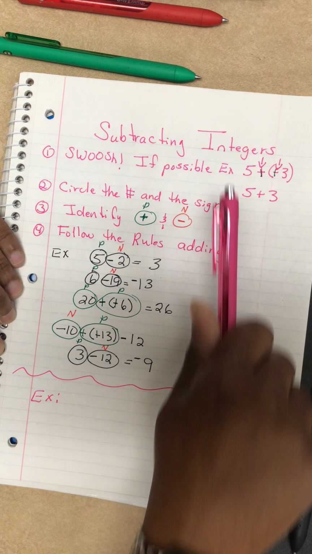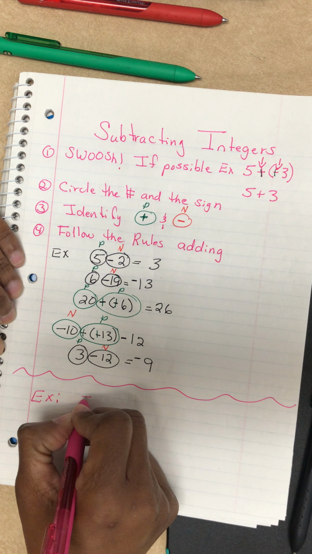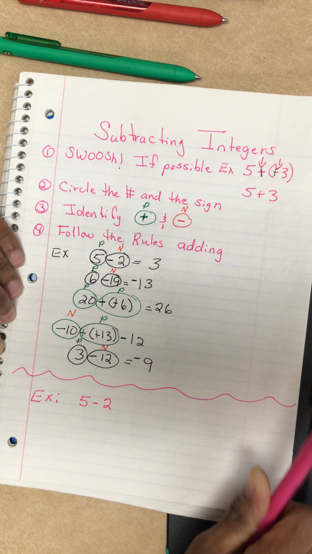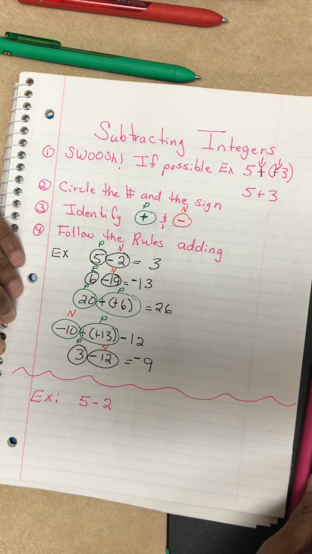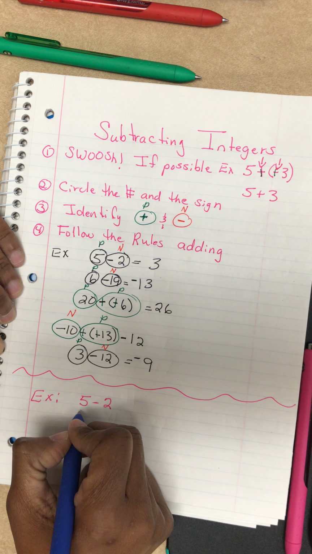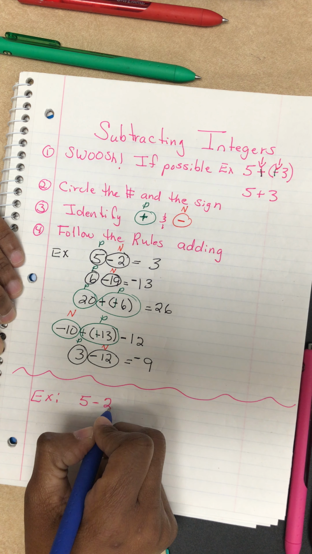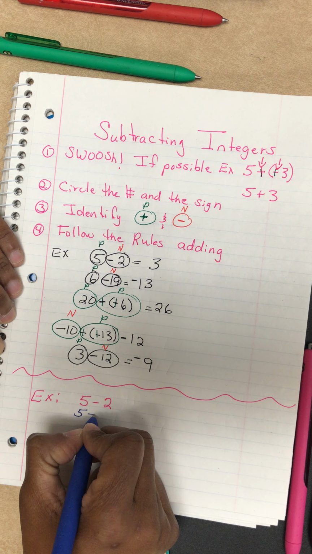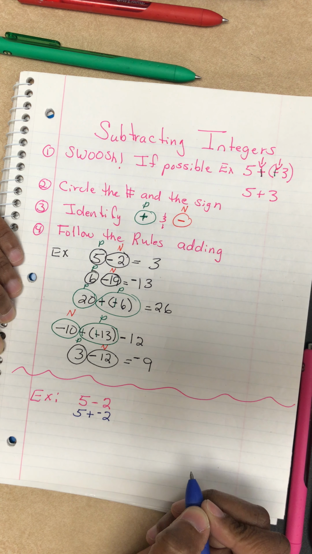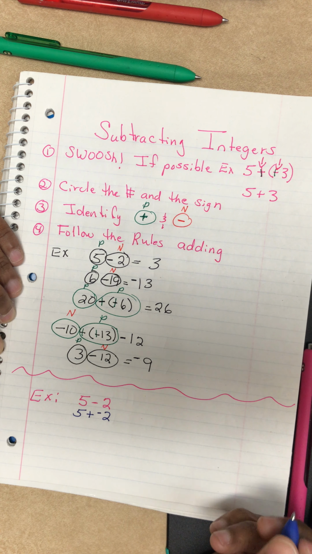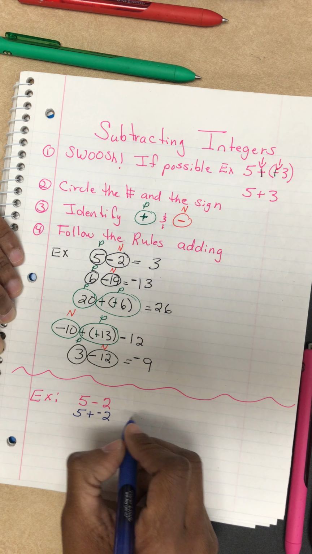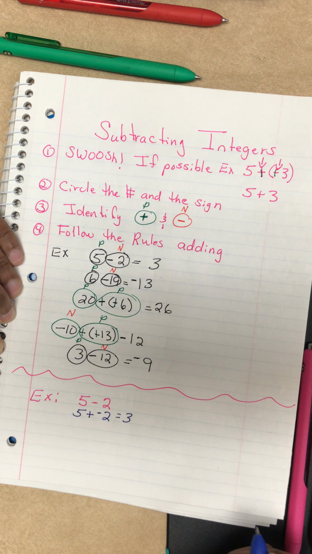If you have 5 minus 2, you can rewrite it as an addition problem, and the number that comes behind it, you're going to add its opposite. So you will have 5 plus negative 2. Then you go back to the adding rules: 2 from 5 is 3, and 5 is the largest number, so your answer is 3.